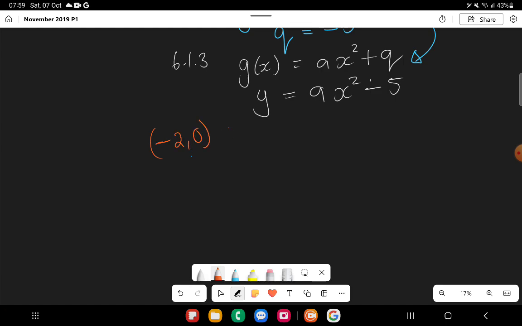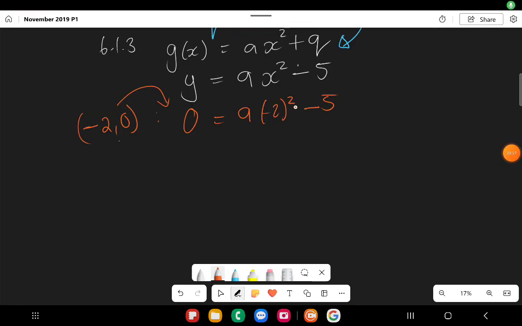0. I'm going to substitute that, and say 0, which is the y value, is equal to a multiplied by -2 squared minus 5. That's substitution. And we are now going to solve for a.